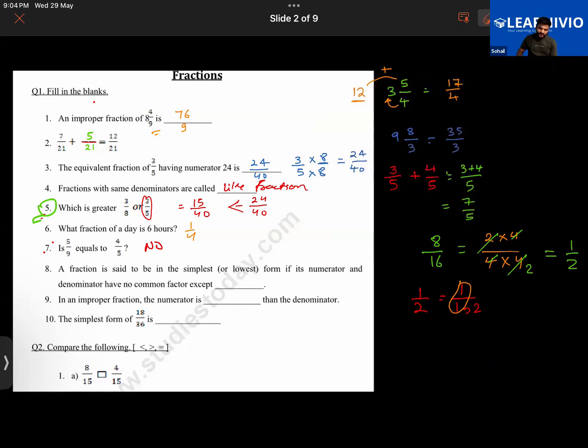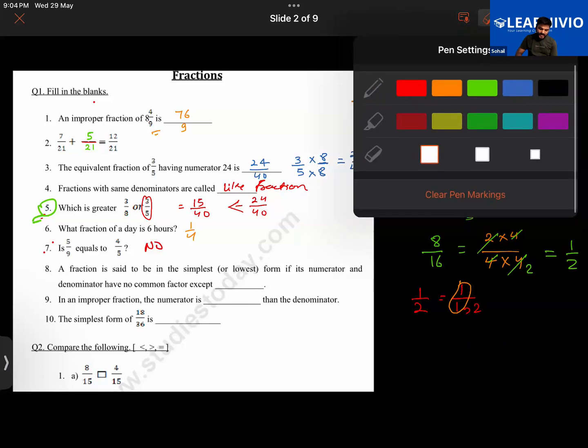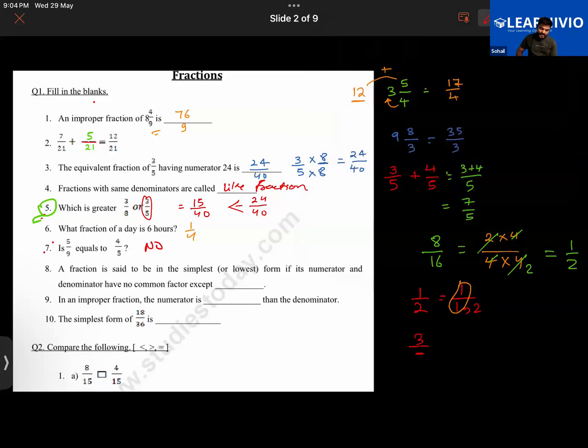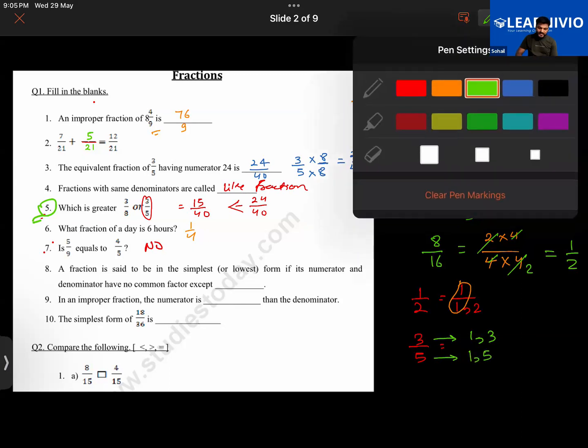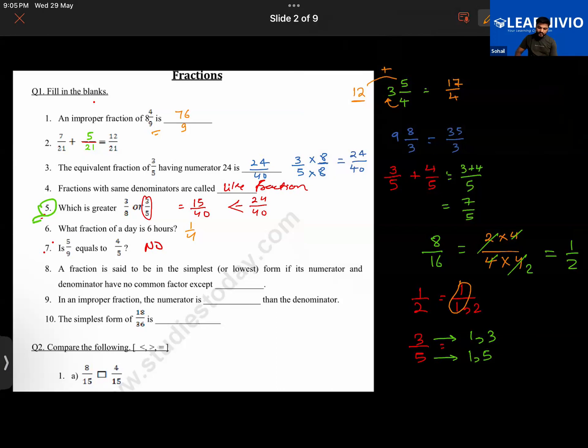Take one more example. Say you have 3 upon 5. The factors of 3 are 1 and 3, and for 5 they are 1 and 5. What is the common factor between them? 1.